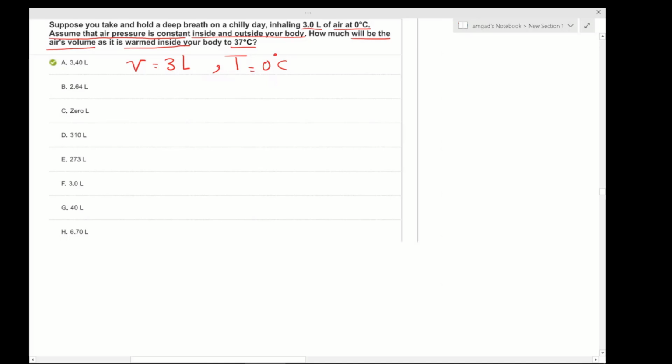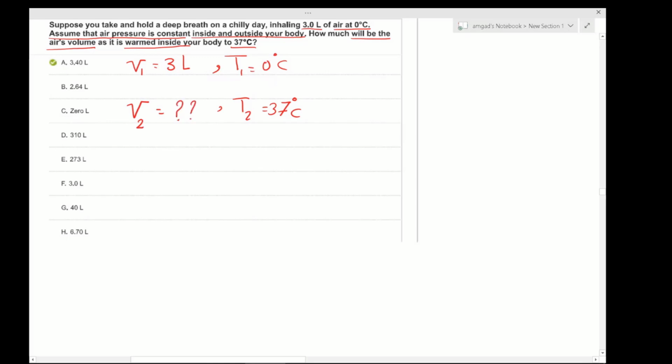So you take some air and then you keep it inside. You hold it inside your lung for maybe 1 minute. So its temperature increases. From 0, it becomes 37 degrees Celsius. Of course, the volume will increase. So if this is V1, this will be V2.